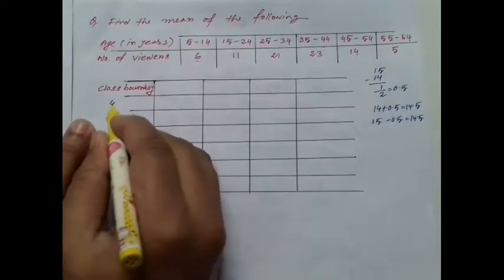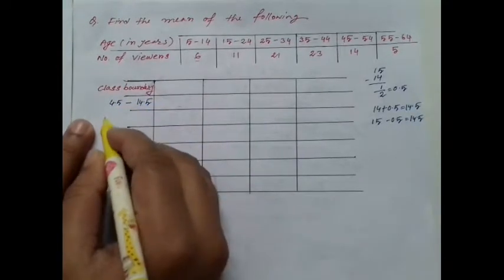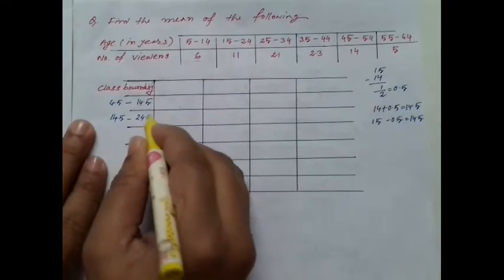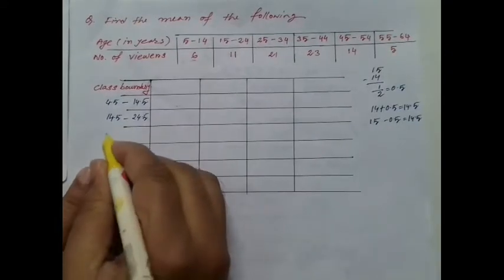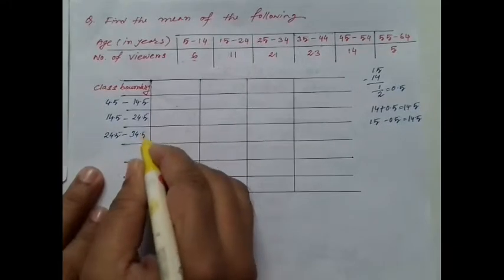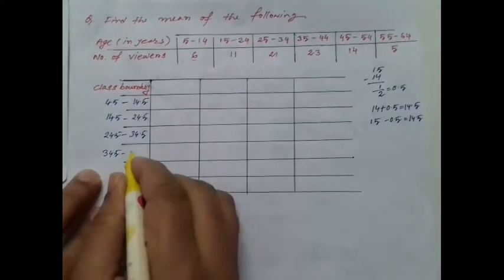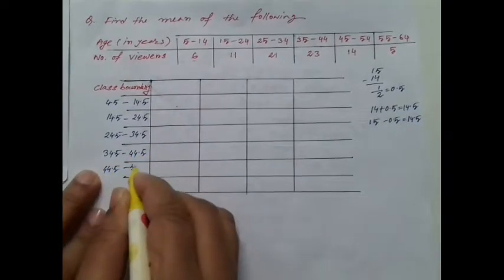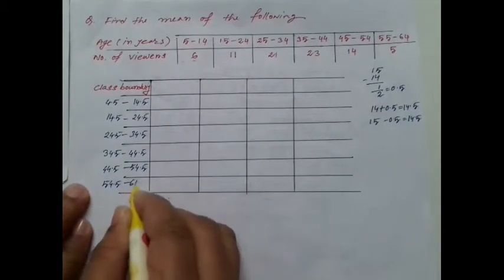Okay, so it becomes 4.5 to 14.5, then 14.5 to 24.5, then 24.5 to 34.5, then 34.5 to 44.5, then 44.5 to 54.5, and finally 54.5 to 64.5.